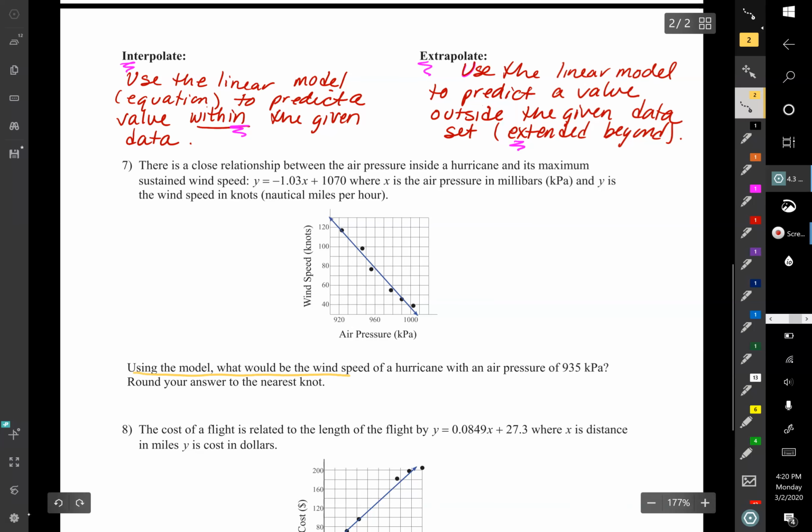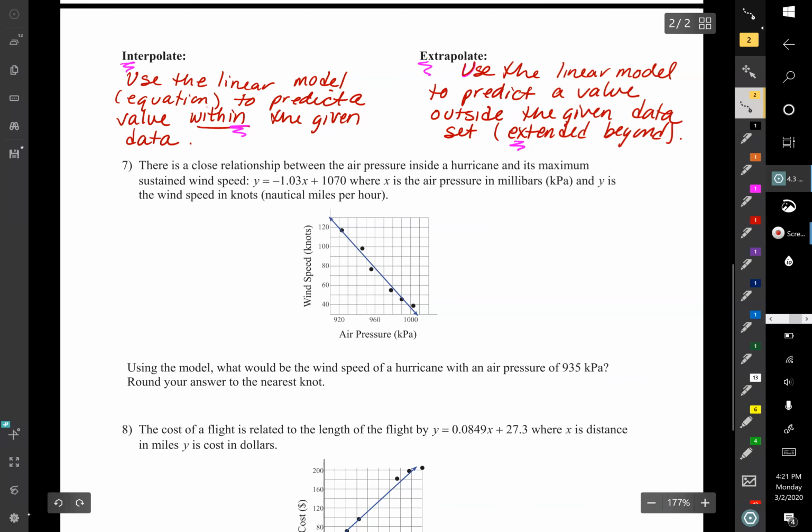We are asked a couple of questions here. Using the model, what would be the wind speed of a hurricane with air pressure of 935, whatever that unit is? Round your answers to the nearest knot.